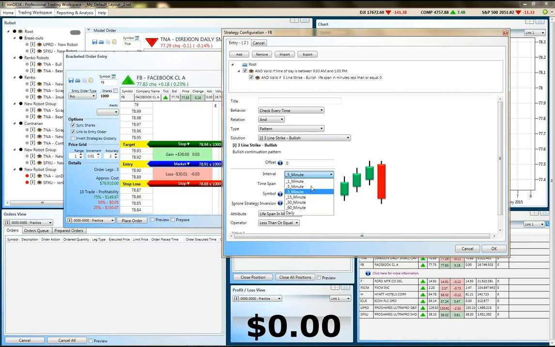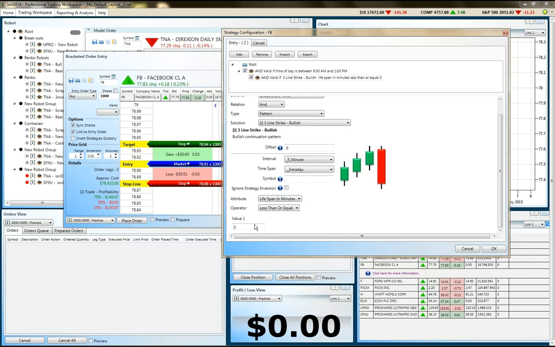Some people trade 1 minute, 3 minutes, 5, whatever. And so for me personally, I trade 5, and then I would come here and say I want the lifespan of this pattern, its signal, to last for 5 minutes. That's what this means.